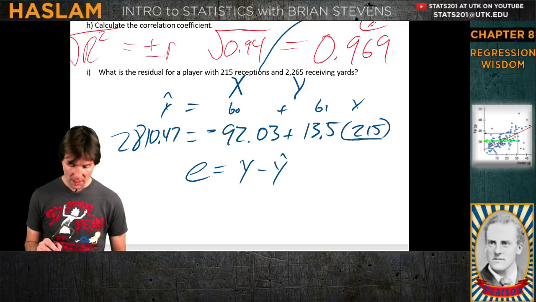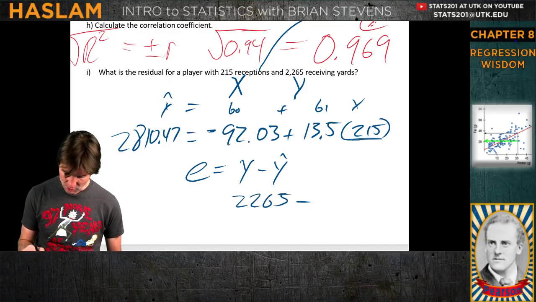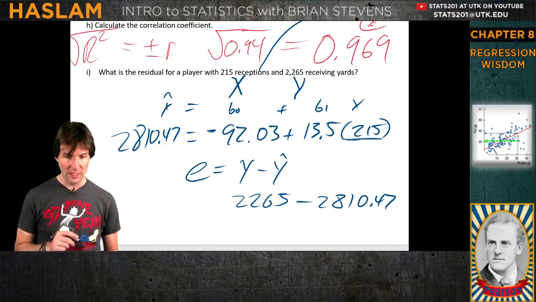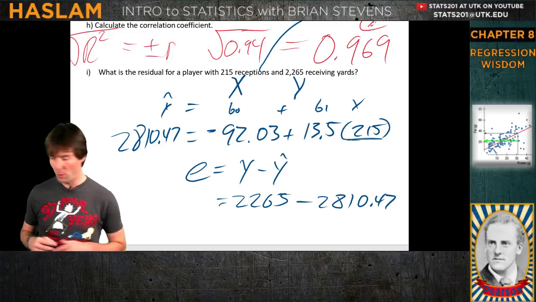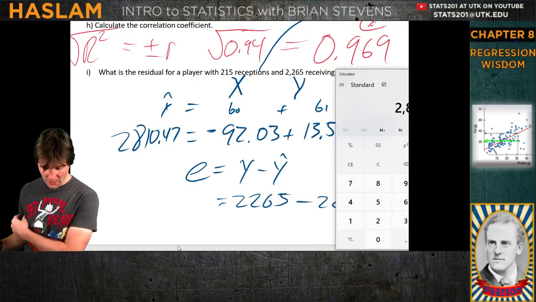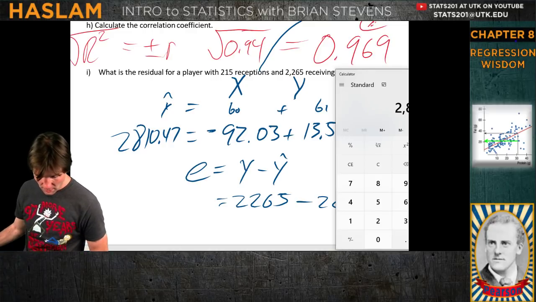So with this, let's take the actual, which is 2,265, and subtract from it the predicted. That's actual minus predicted. What will we get here? Let's pull up our calculator again.